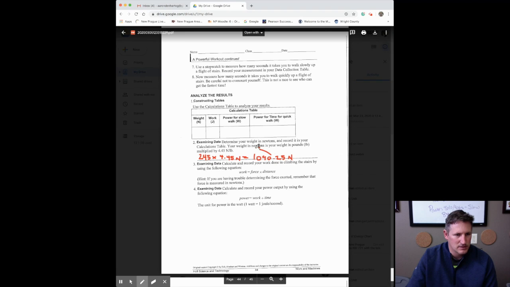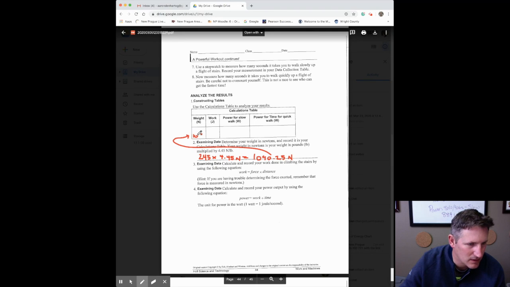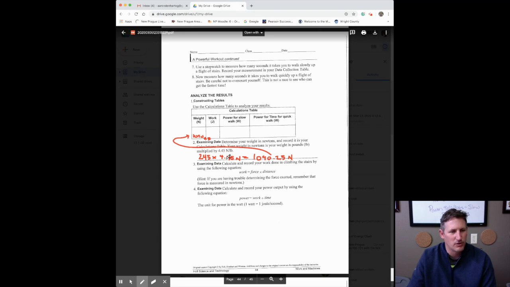So this is going to go into this spot right here. Now, yours is going to be different because obviously your weight is not 245 pounds. So you're going to put your weight in here multiplied by 4.45.